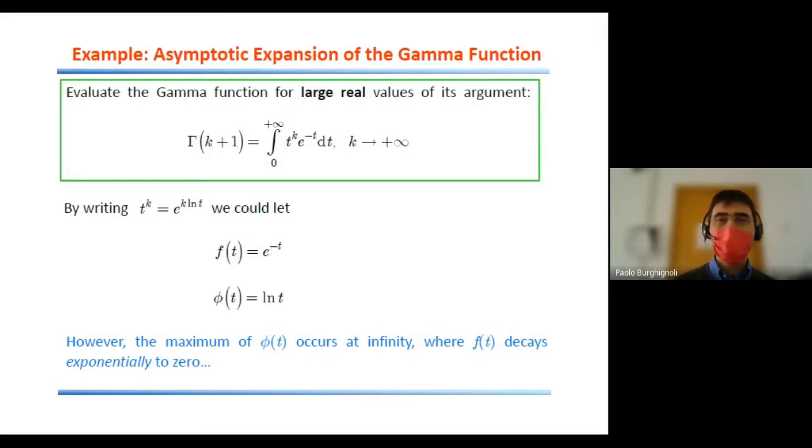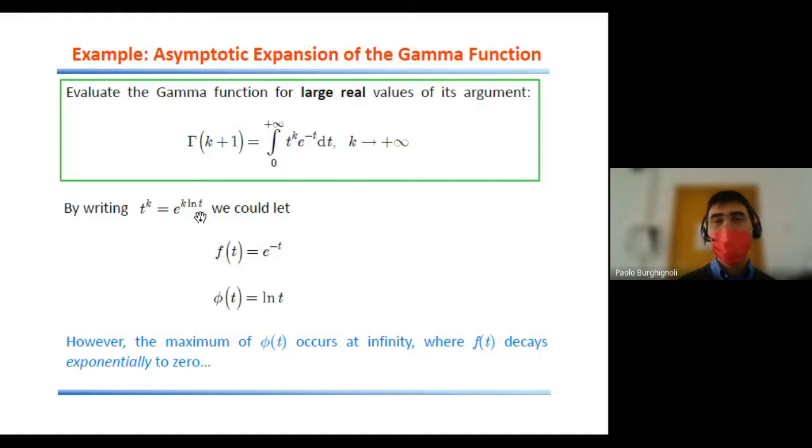One thing one could try to do is to represent the term t to the kth power as an exponential in order to recover the form of a generalized Laplace integral. So we could write e to k times the logarithm of t.